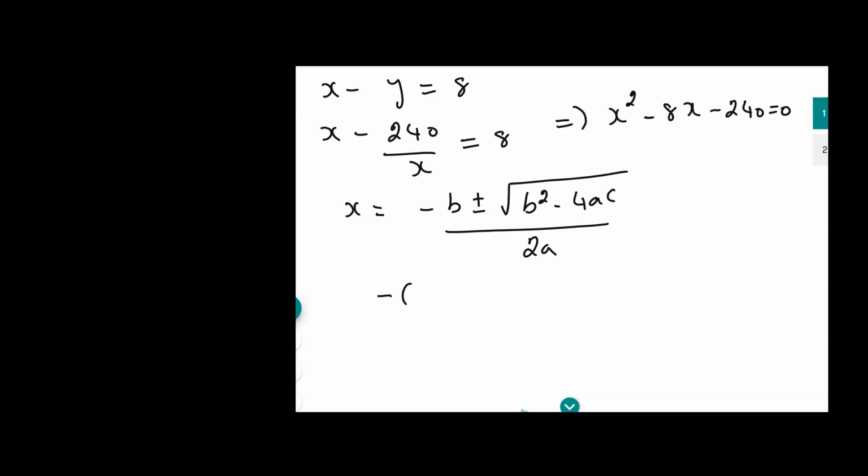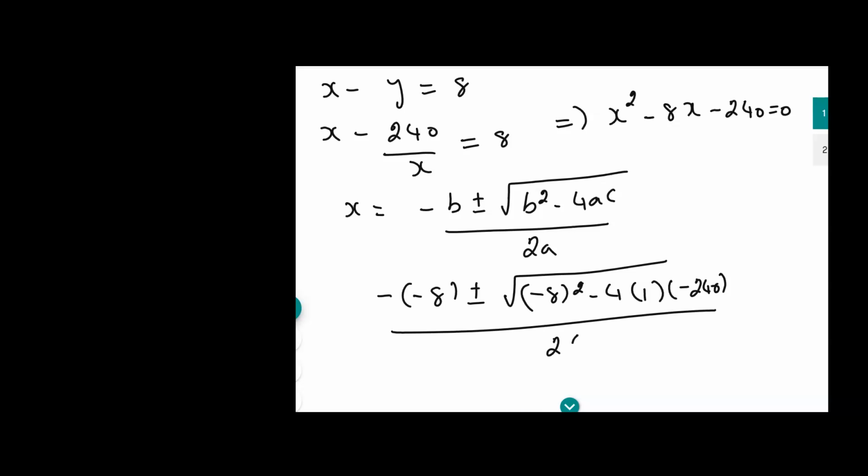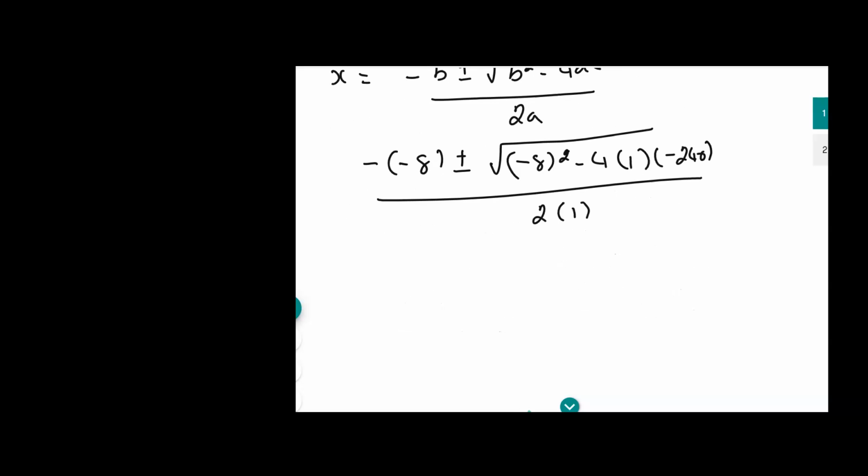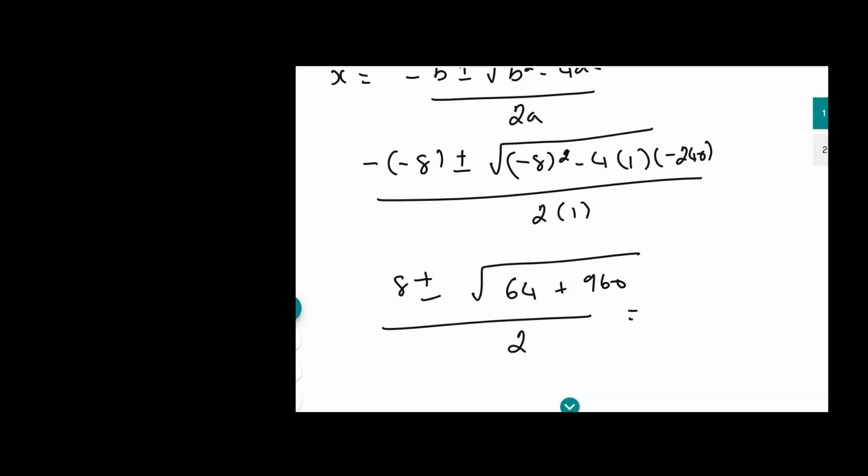I'll get minus of minus 8 plus or minus root of minus 8 the whole squared minus 4 into 1 into minus 240, divided by 2 into 1, which is equal to 8 plus or minus root of 64 plus 960, divided by 2, which is equal to 8 plus or minus root of 1024 divided by 2.